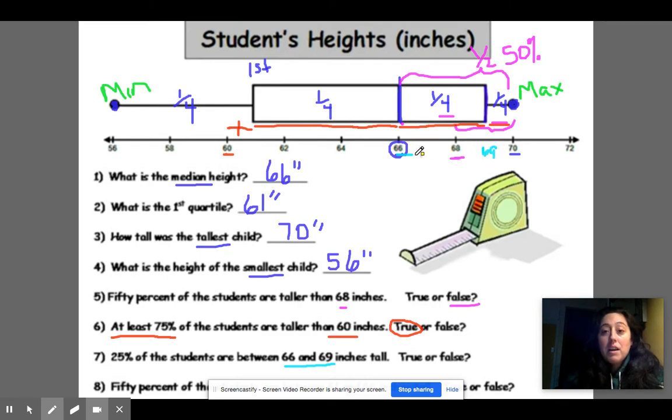So from here to here, 25% does look like one of the quarters. From this line to this line represents one quarter of the data, or 25% of the data. So that looks to be true.